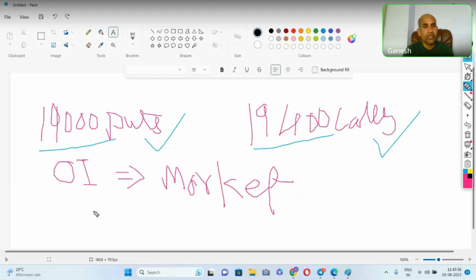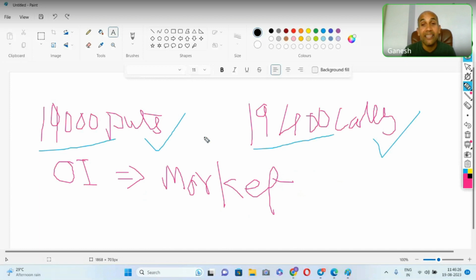Who are the participants? We learned, FIs. What FIs are thinking at this point of time. Whenever you see the highest open interest or open interest change, it means at that point of time those participants are considering the market would be within this range.